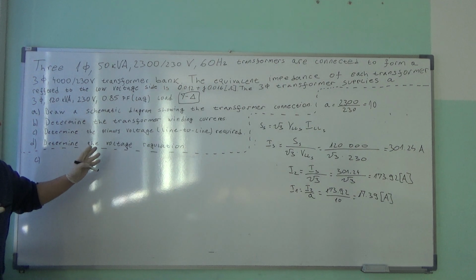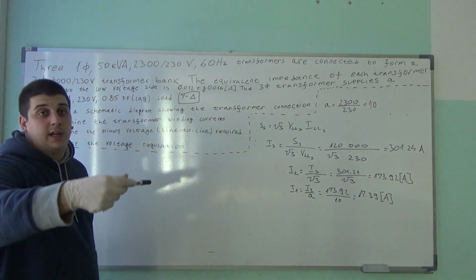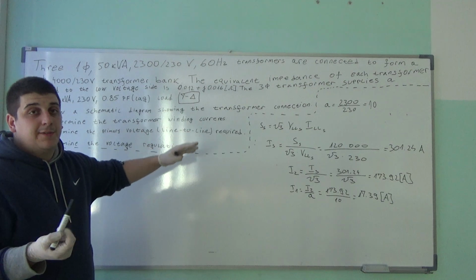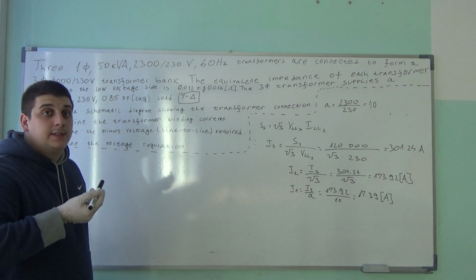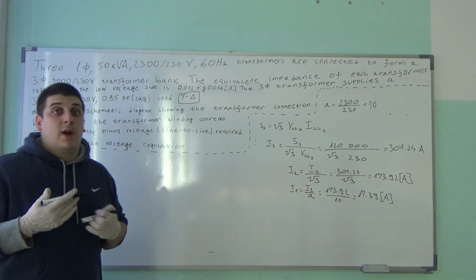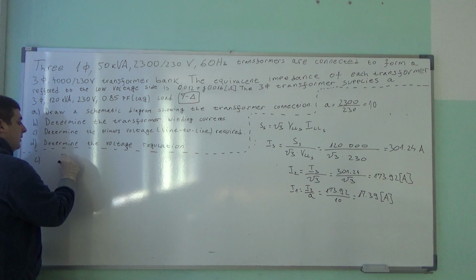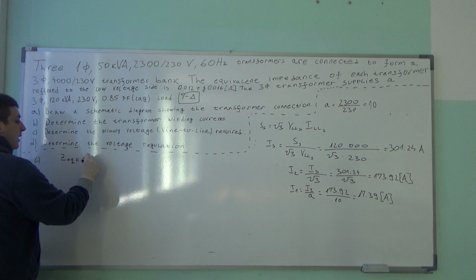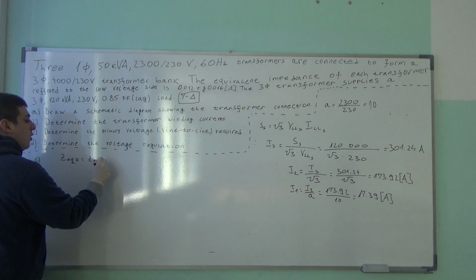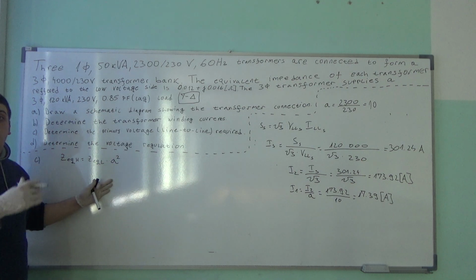This here is the impedance on the low voltage side, on the secondary. But let's refer that to the higher voltage side, and you remember how we did that. Z equivalent on the high voltage side is equal to Z equivalent on the low voltage side times the turns ratio squared.